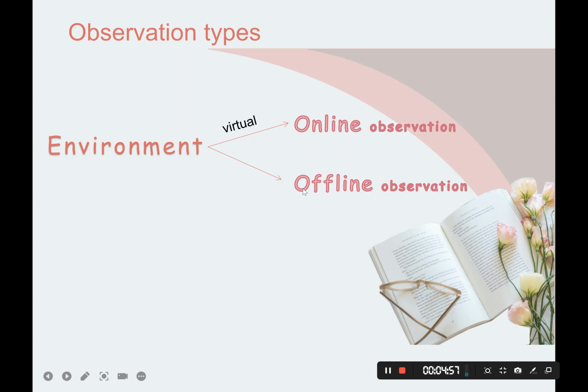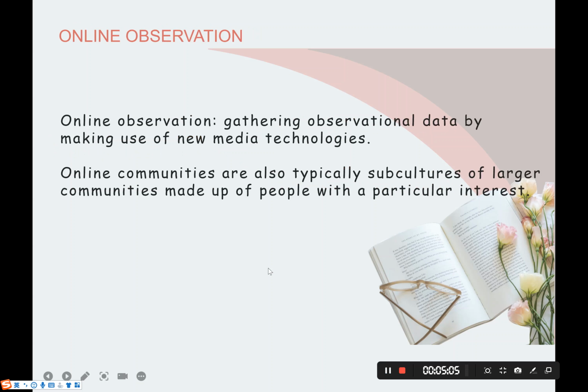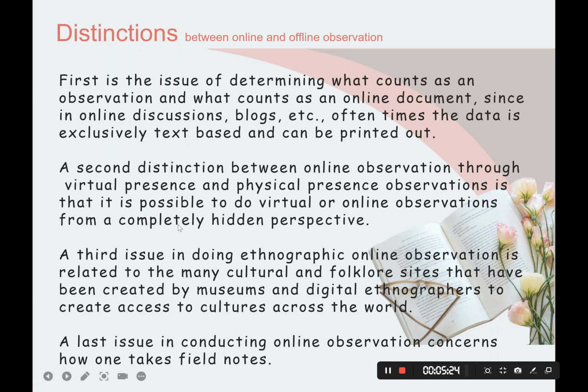On the contrary, offline observation will be mainly conducted in a physical environment. Online observation usually gathers observational data by making use of new media technologies. Online communities are also typically subcultures of larger communities made of people with a particular interest.